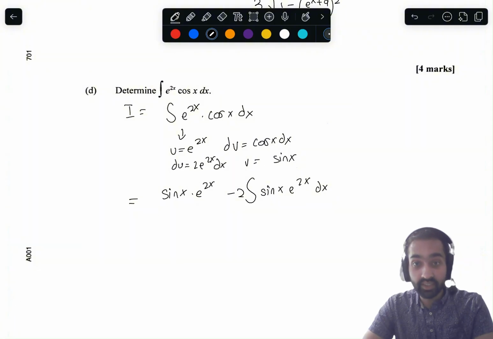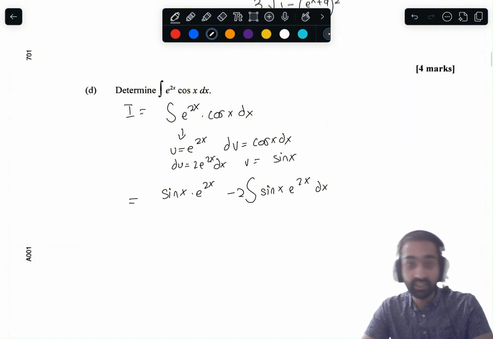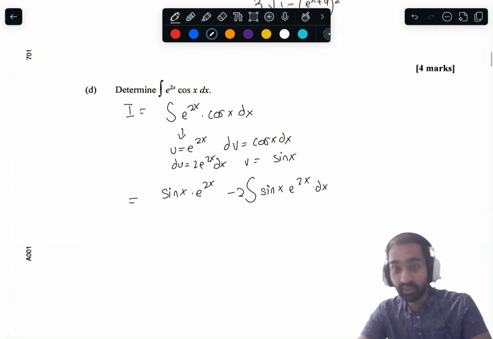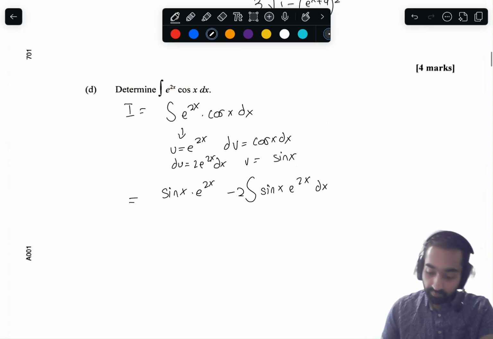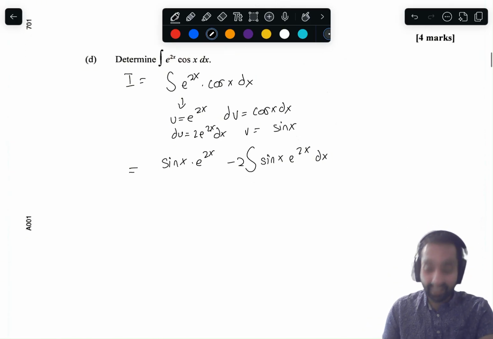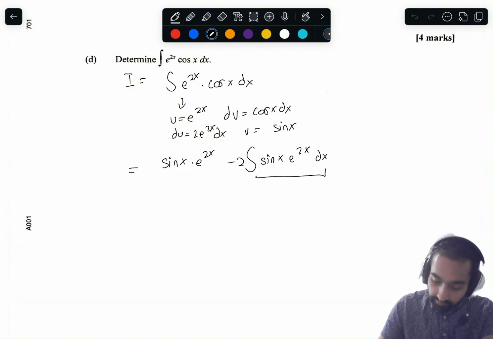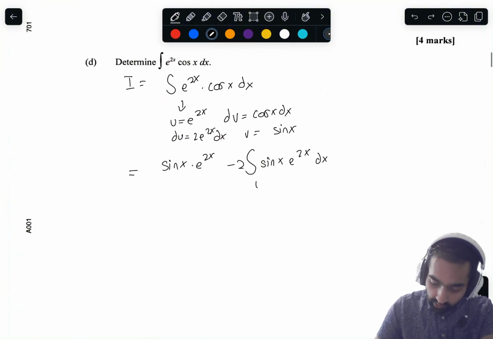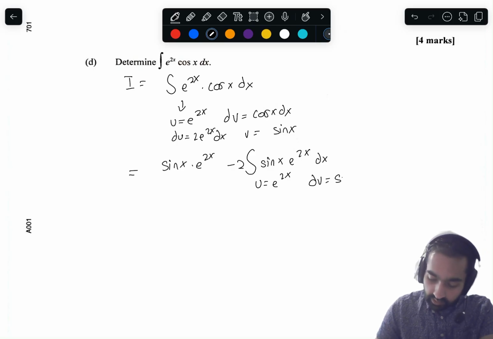The first step when you do integration by parts with this trigonometric times the exponential is you'll switch the trig from a cos to a sine or a sine to a cos. The next thing is you do that again with this trig integral. So here I'm going to let u equal e to the 2x, and then dv equal sine x dx. So then du again is 2e to the 2x dx, and v is actually minus cosine x, right?